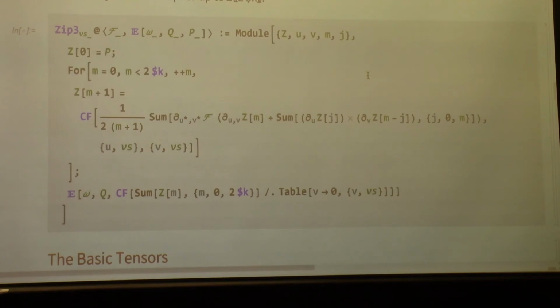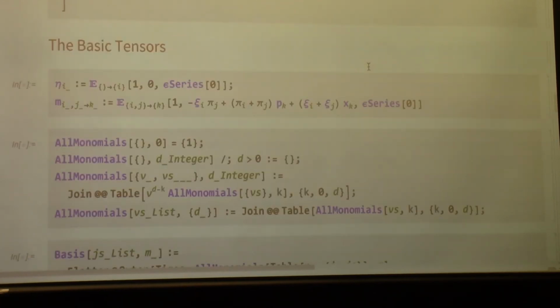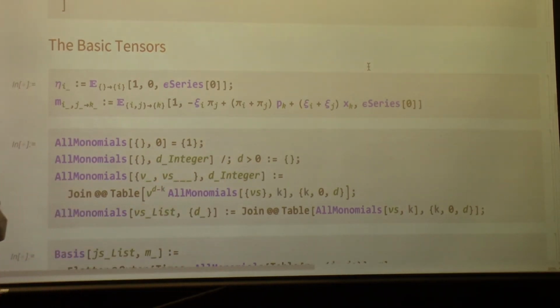So since we don't really have time to go through everything, I'll just very briefly go through what we will go through next time. So here are the basic tensors. So essentially the multiplications, that's the interesting one, and these are formulas that you've seen.